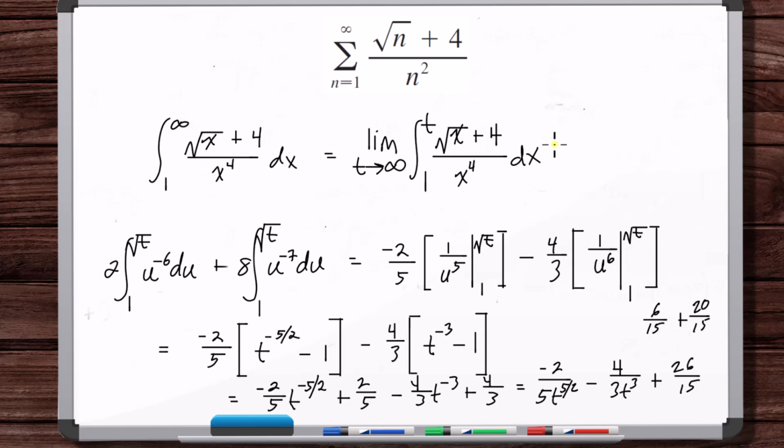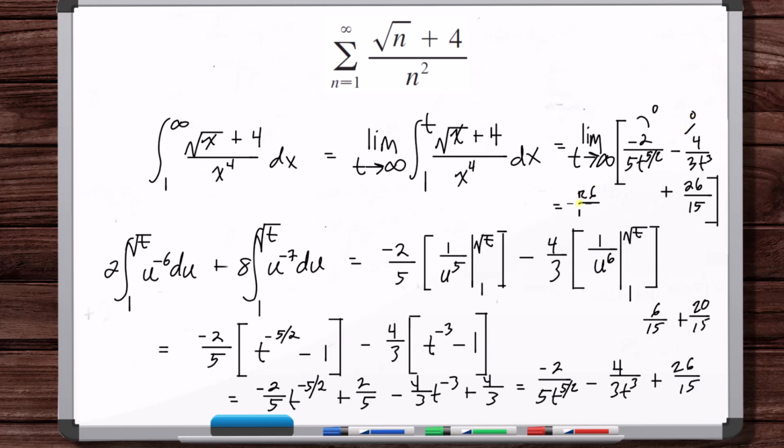All right, so we've got the limit as t approaches infinity of, okay, as t goes to infinity, this goes to 0, this goes to 0, this limit goes to 26 over 15.